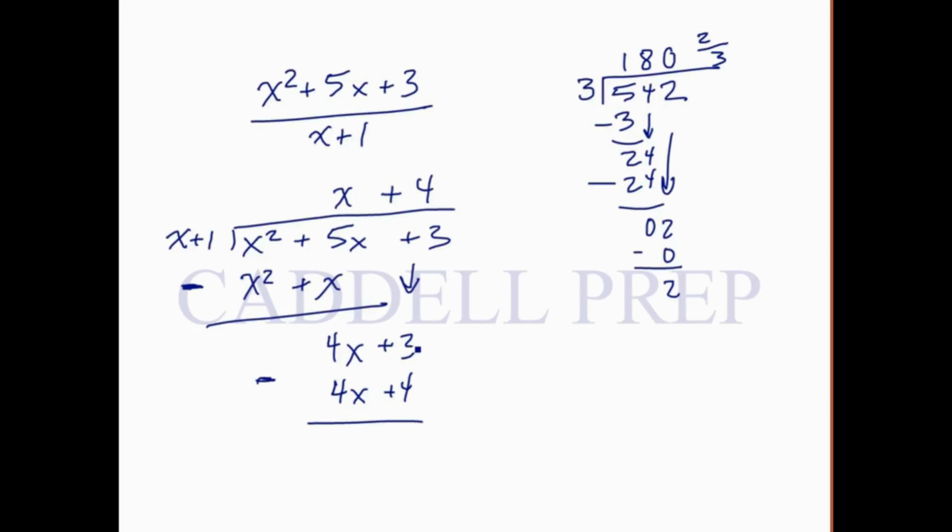I have to subtract. 3 minus 4 is negative 1. And this is gone. So we're left with minus 1 over x plus 1. So the answer is going to be x plus 4 minus 1 over x plus 1. Just like this would be 180 and 2/3, which is really 180 plus 2/3.